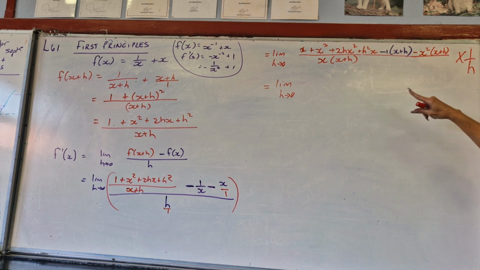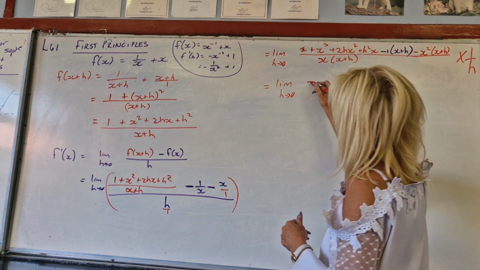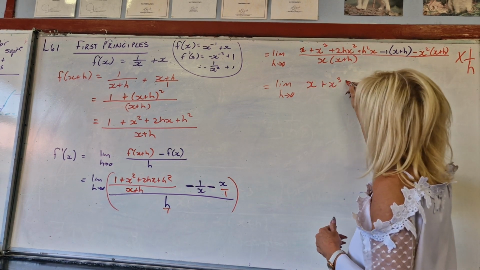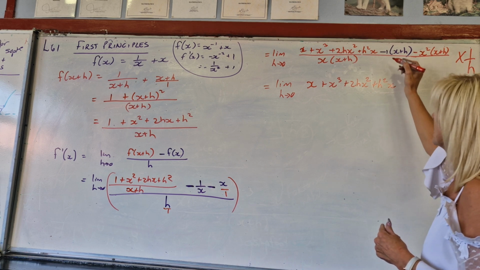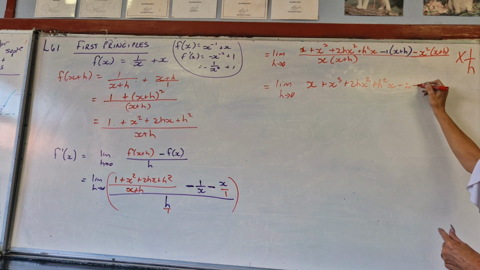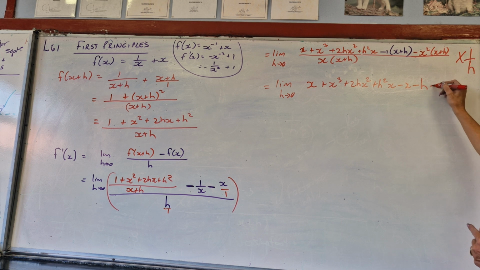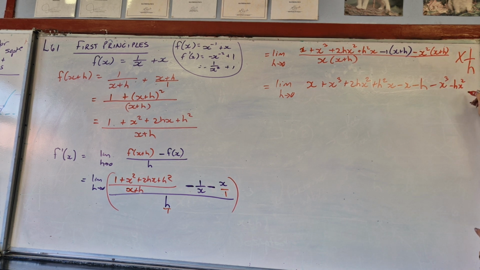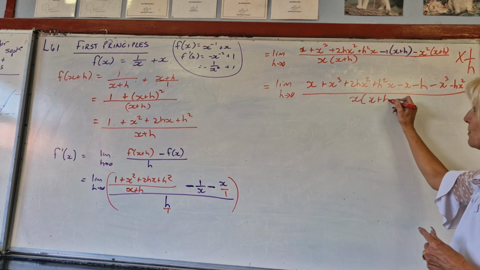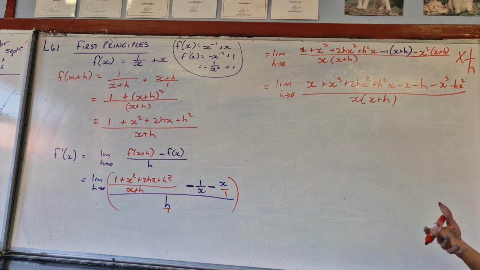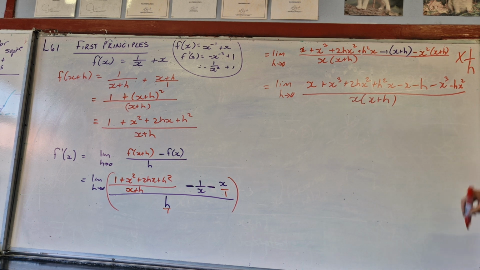So, let's simplify all of it and get x plus x to the 3 plus 2h x squared plus h squared x. This will be minus x and minus h. This will be minus x3 minus hx squared, x plus h. I'm not timing out because I want to simplify by substitution, and then still times this 1 over h over here all the time.